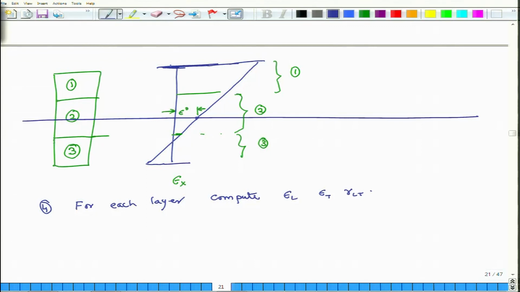You have to compute strains epsilon L, epsilon T, gamma LT for each layer, and these strains will also vary, because epsilon x, epsilon y and gamma xy are changing. So, epsilon L, epsilon T and gamma LT will vary along each layer's thickness.